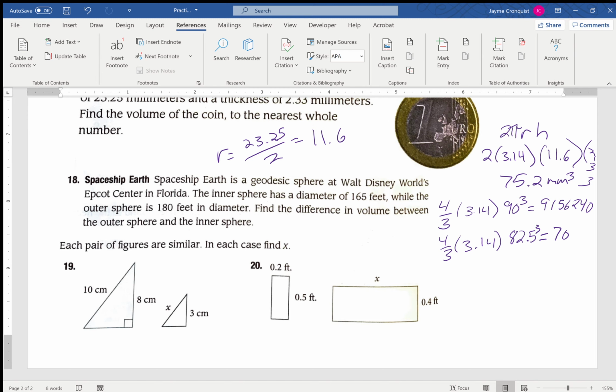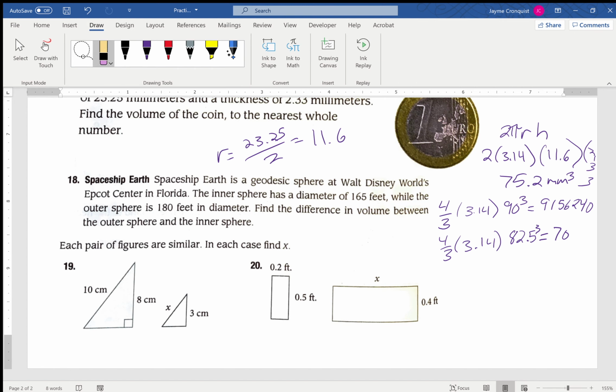Oops, I forgot to divide by 3. Alright, so now I have to divide the top one by 3. I actually have to go back here and erase some of this. Alright.